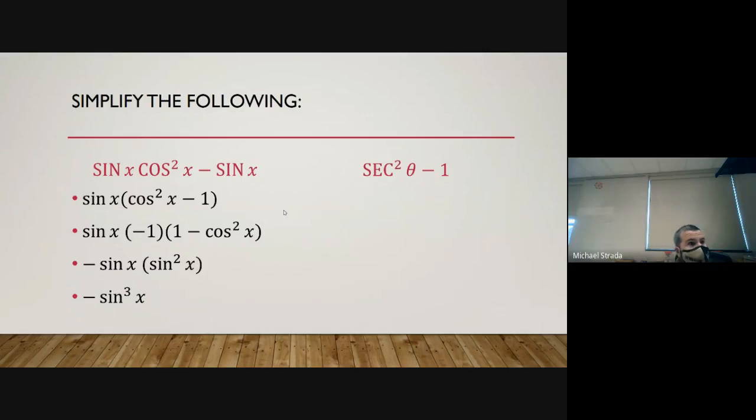Now, when you come to one where one term is squared and one is not, but they are the same, you're going to factor this like a quadratic. If it's easier for you, you can replace the tangent theta with x. So x equals tangent of theta.